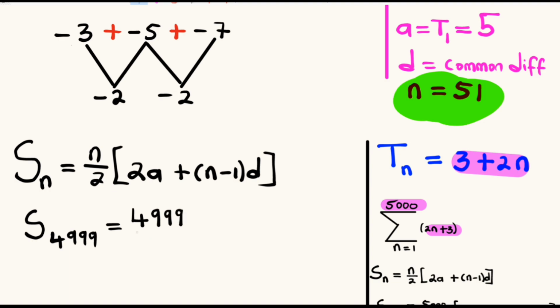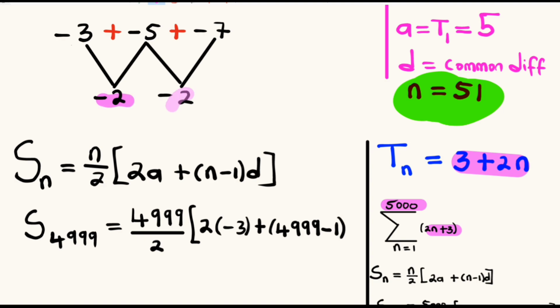4,999 divided by 2 into, in the place of the a, we have that negative 3. So negative 3 in the place of the a, and in the place of the n, we have 4,999 minus 1 into the common difference, negative 2.